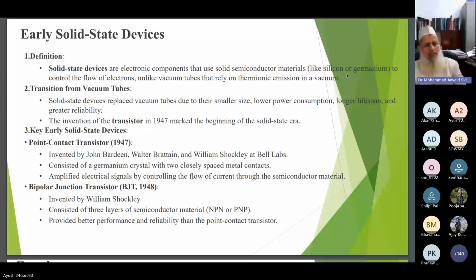And after that, in 1948, William Shockley invented the BJT, bipolar junction transistor. As you know, this bipolar junction transistor is of two types, NPN or PNP. In an NPN transistor, the P-type semiconductor layer is sandwiched between two N layers, and in a PNP transistor, the N-type semiconducting layer is sandwiched between two P-type layers, but doping in all these three layers is different.